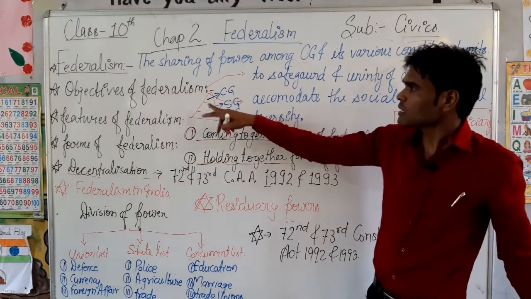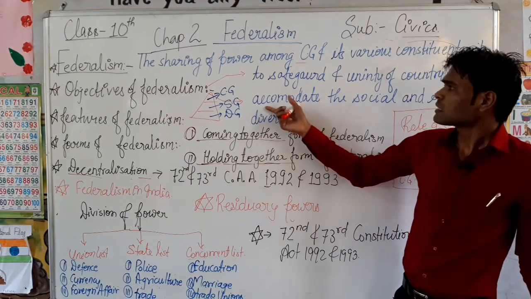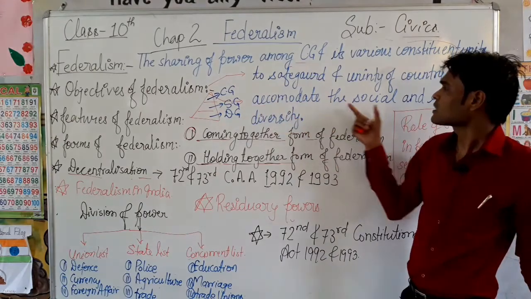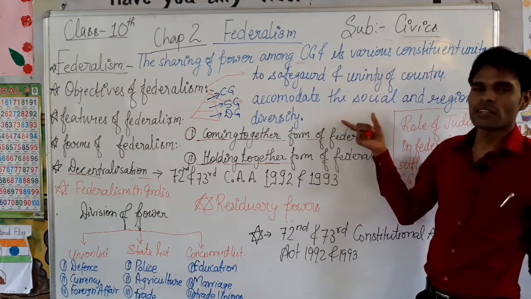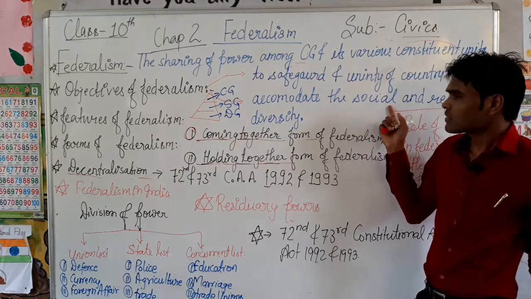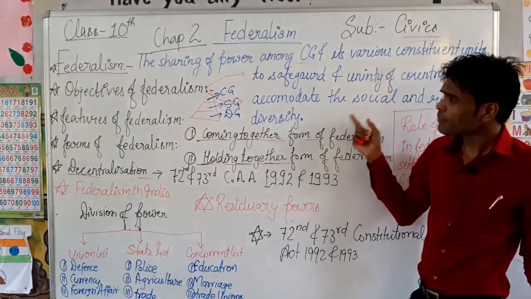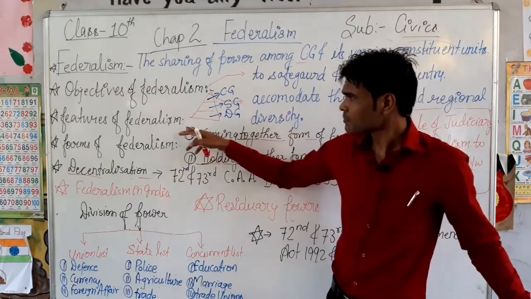The second objective is that it accommodates social diversity and the regional diversity of the country. It means whatever diversity there is in the country, it should be maintained, not ended. Is that clear?